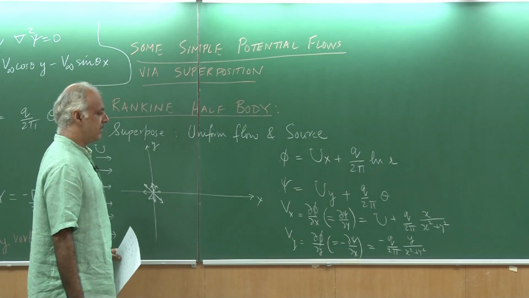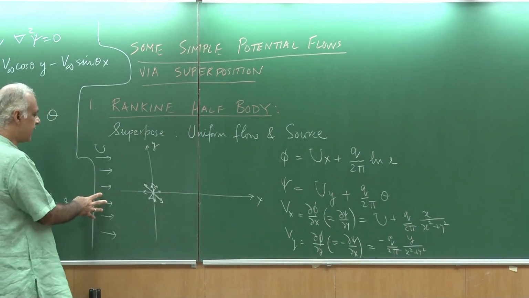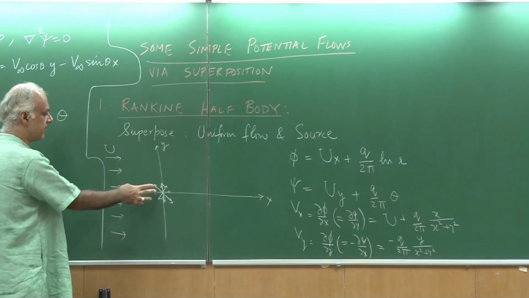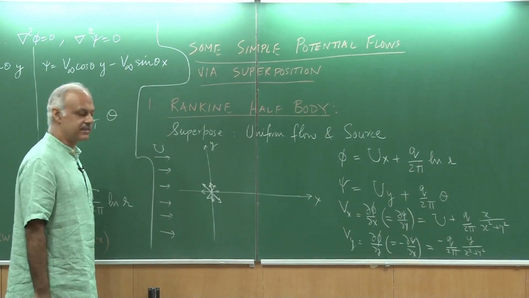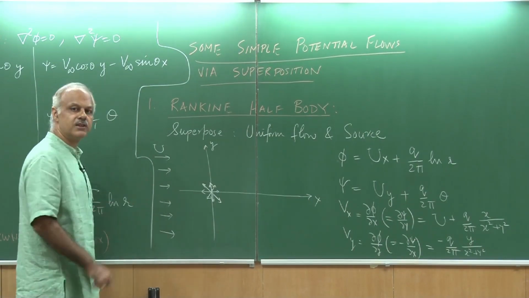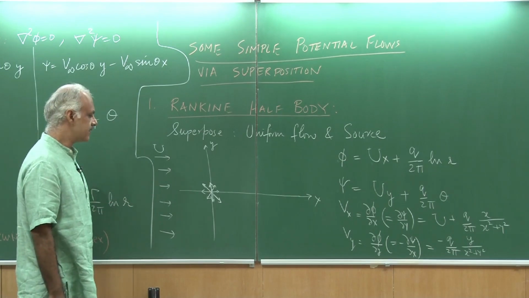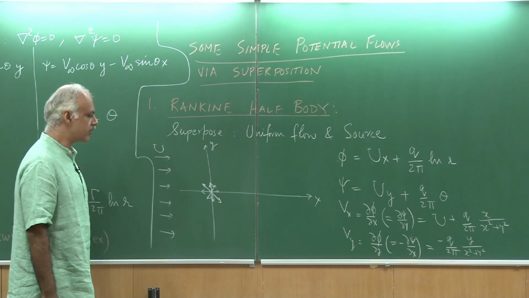Okay. So, I am now able to see that for this kind of a flow, a uniform flow coming into a source, that is the velocity field that I generate. And in fact, you can find flows very similar to this in nature, and we will talk about it after we have seen the streamlines for this flow.